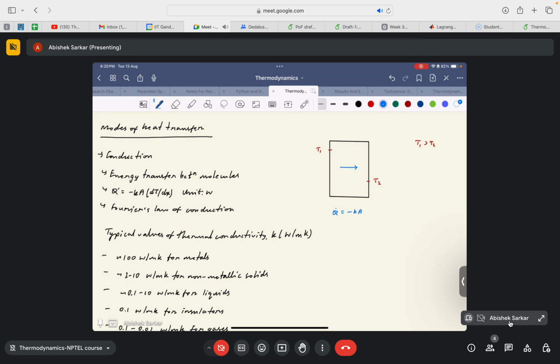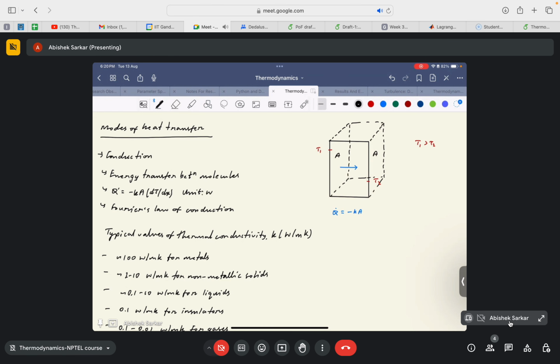If you consider a 3D projection of the brick, it will be something like this. This will be the area A, and the area is constant in this case.